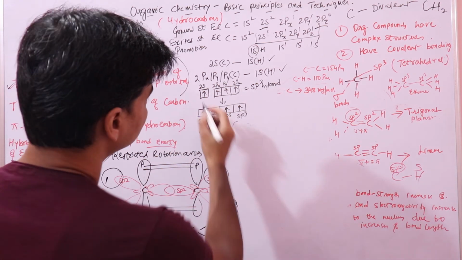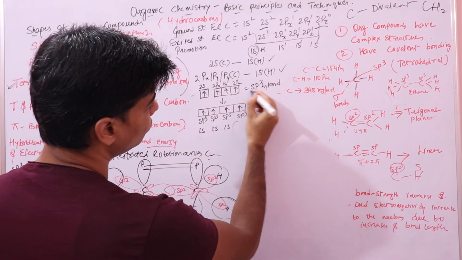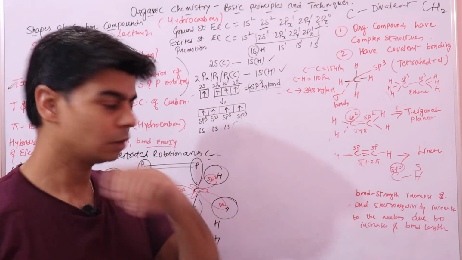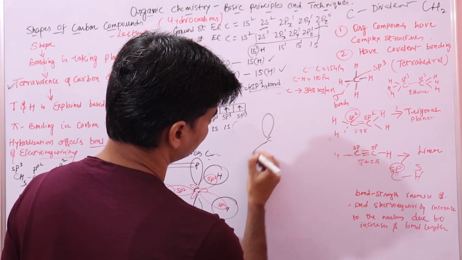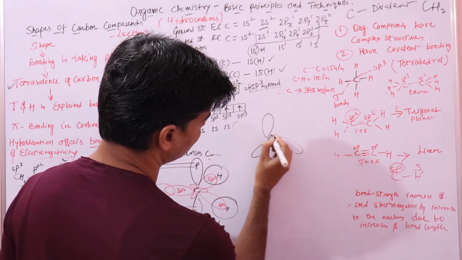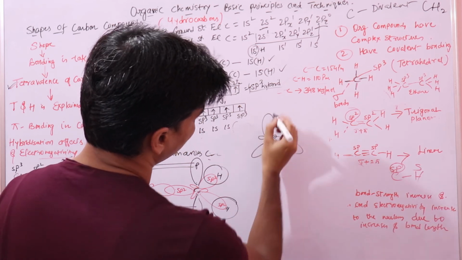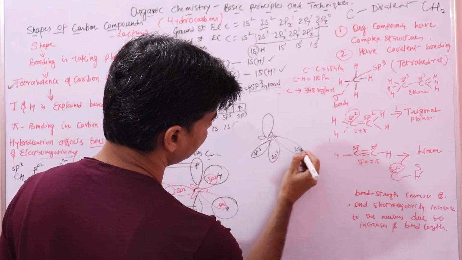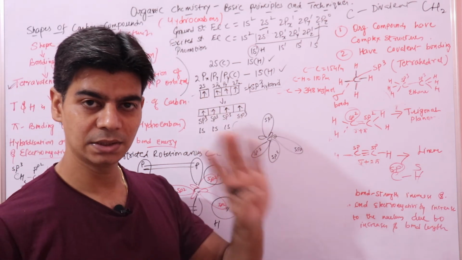This 1s and 3p orbitals will mix and merge to form 4 sp3 hybrid orbitals which are of same energy and same shape, right? These are sp3 hybrid orbitals, formed by mixing and merging of 1s and 3p orbitals.